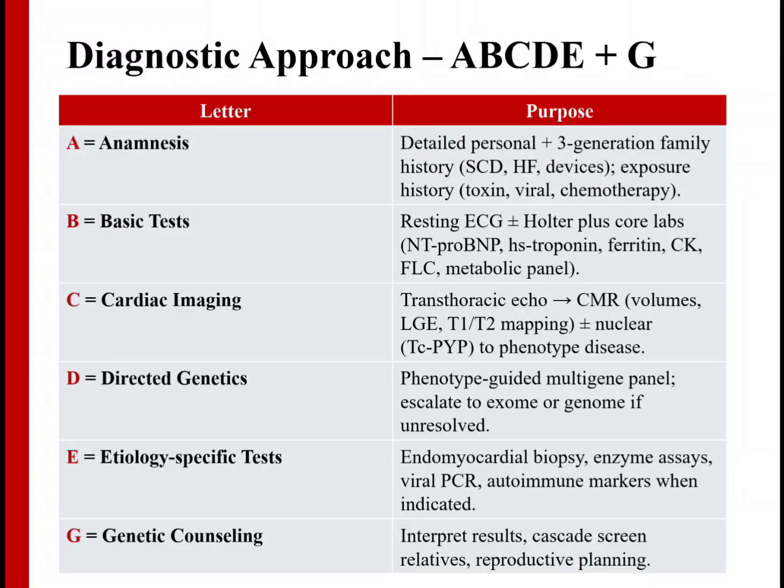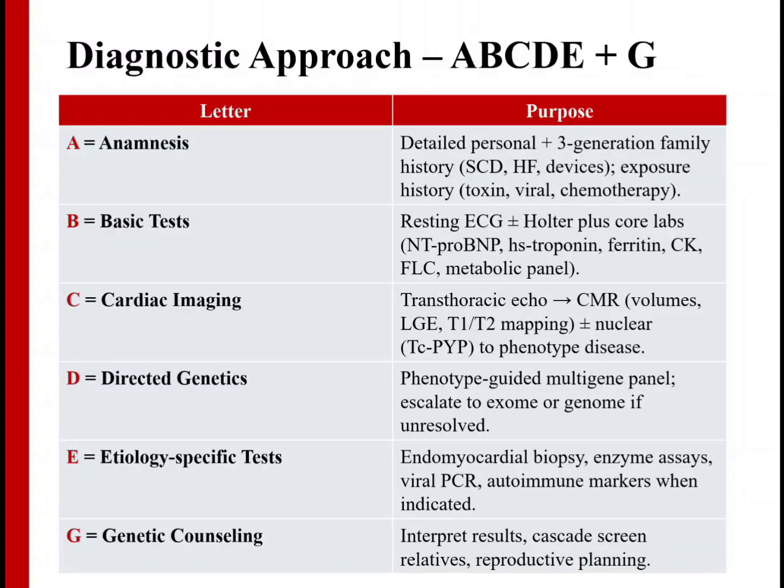C is for cardiac imaging, and this is where we start to get phenotype defining data. The first line is TTE, which is transthoracic echocardiogram. It assesses the ejection fraction, the wall thickness, the chamber size, the valvular function.